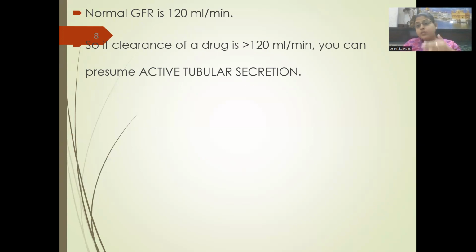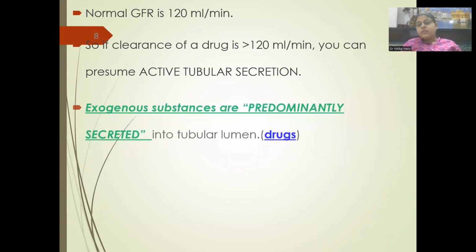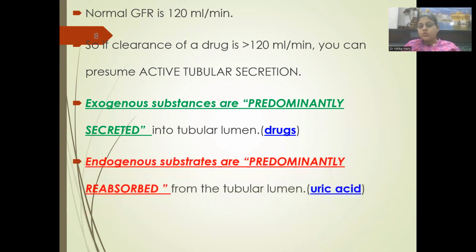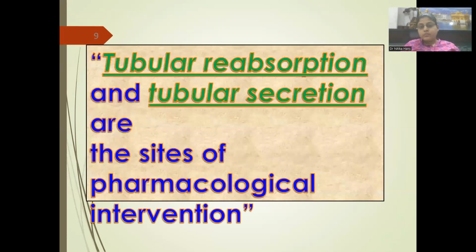Means there is active tubular secretion. And exogenous substances, like drugs, are basically tubular secreted into the tubular lumen. And endogenous substances like uric acid are reabsorbed from the tubular lumen. Endogenous are reabsorbed, exogenous are excreted out in the tubular secretion.